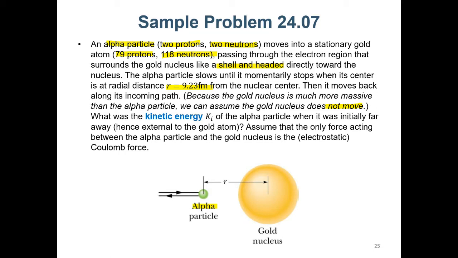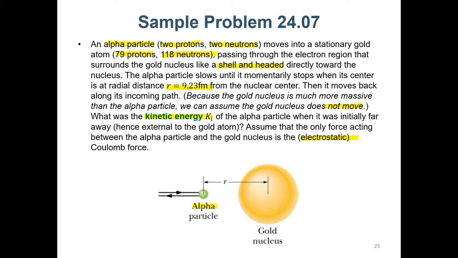So what was the kinetic energy Ki of the alpha particle when it was initially far away, hence external to the gold atom? Assume that the only force acting between the alpha particle and the gold nucleus is the electrostatic Coulomb force. They are both positive charge.